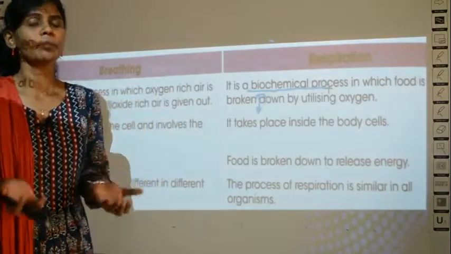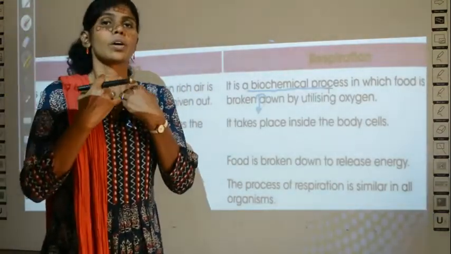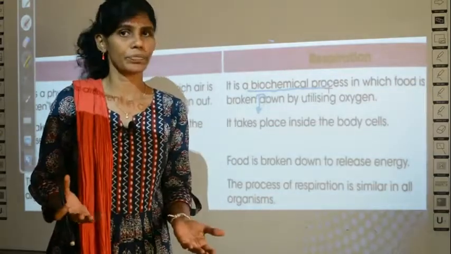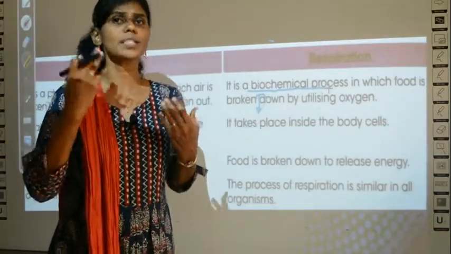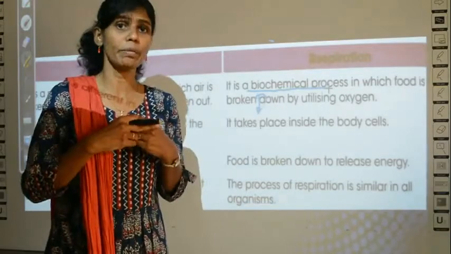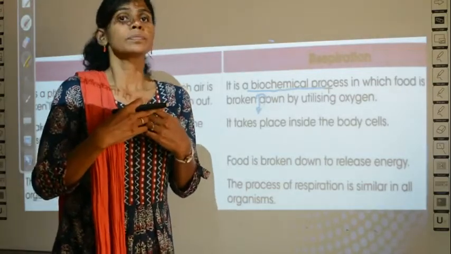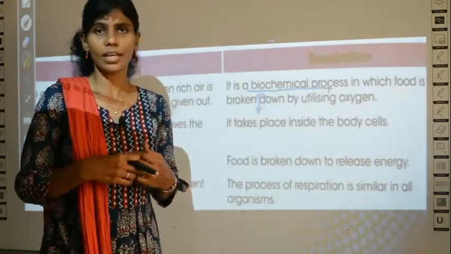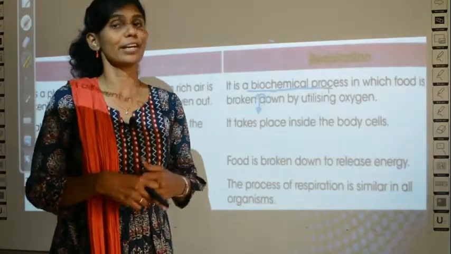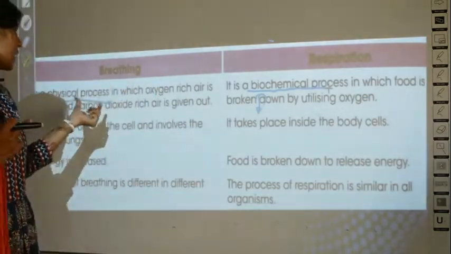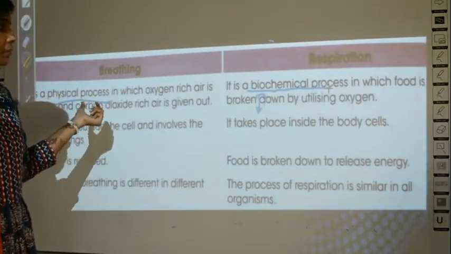What is breathing? Taking in of oxygen and giving out carbon dioxide. This you can see with your eye. I can see you breathing and you can see me breathing. Okay, it's part and parcel of our life. So this is a physical process since it can be seen and measured.